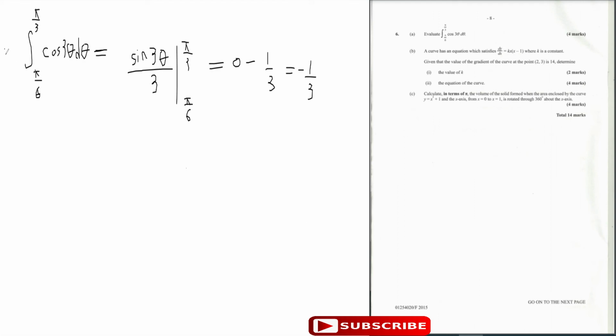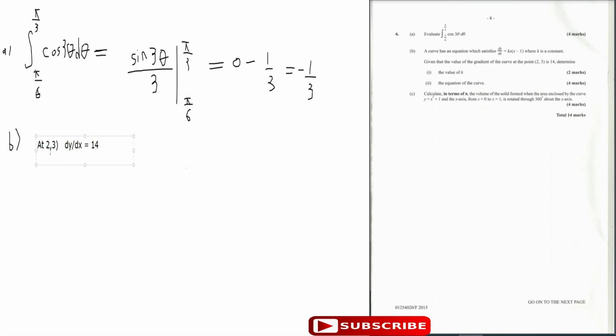This was part A. Let's have a look at part B. So dy by dx is kx times x minus 1, and they tell us that the gradient at 2, 3 is 14. So they're telling us that dy by dx is equal to 14.